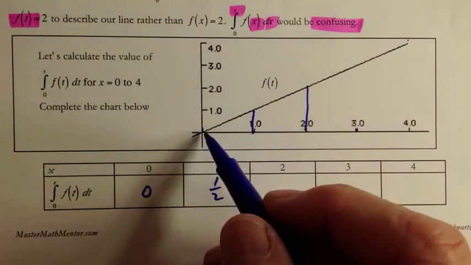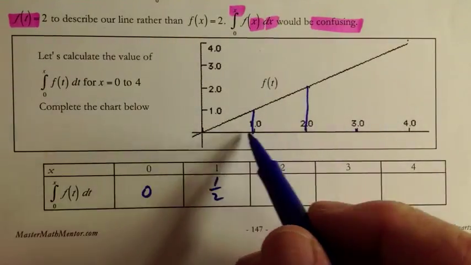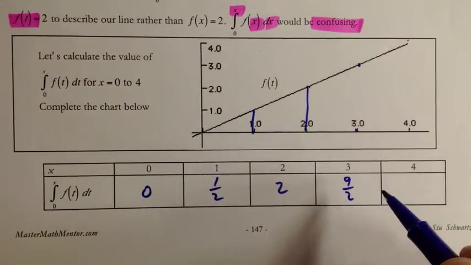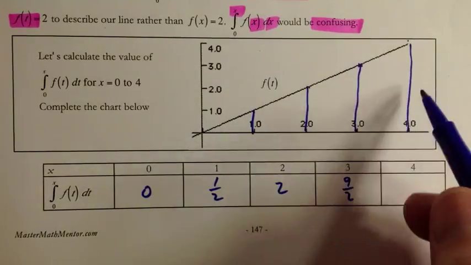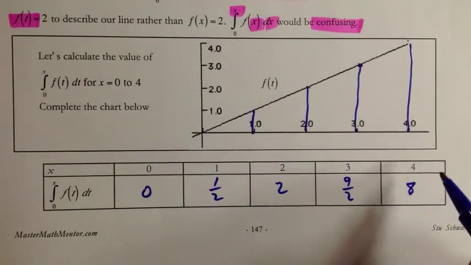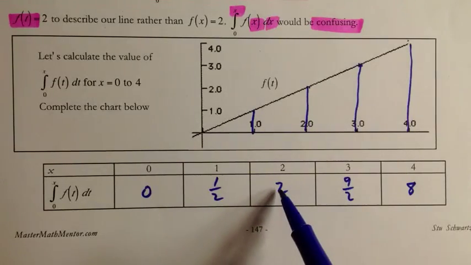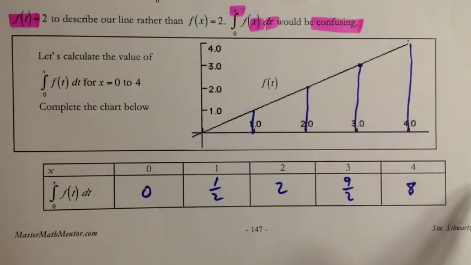So anyway, 2 times 2 is 4, divide that by 2 and you get 2. 3 times 3 is 9, so we get 9/2 for the area. And then 4 times 4 is 16, so we get 8. So 1/2, 4/2, 9/2, 16/2. Anyway, those are the values that you should have gotten.